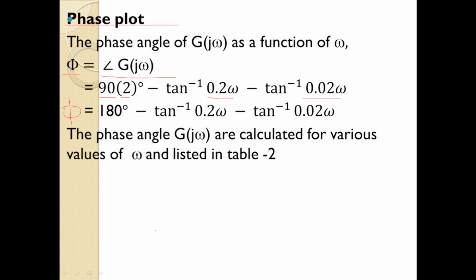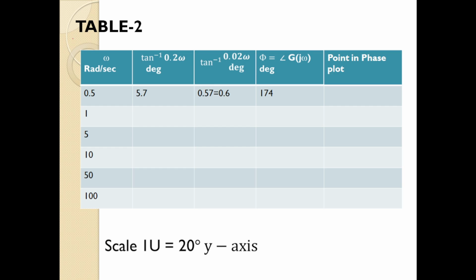Now let us determine phi for different omega values. For that, let us draw a table. This is our table number 2 for the phase plot. In column 1 is omega. While assuming omega values, make sure corner frequencies are also included.